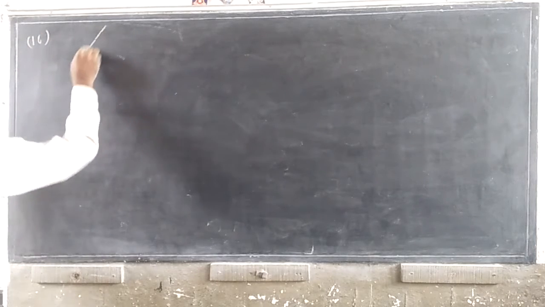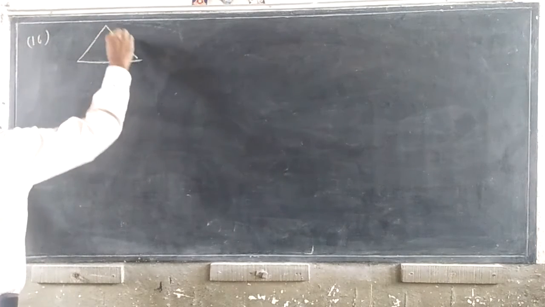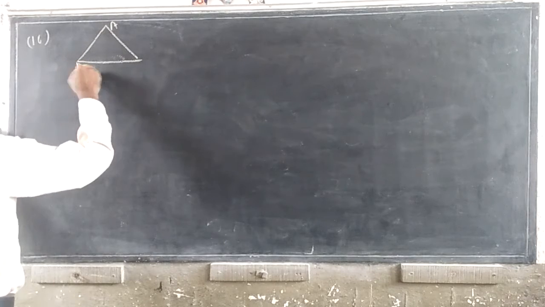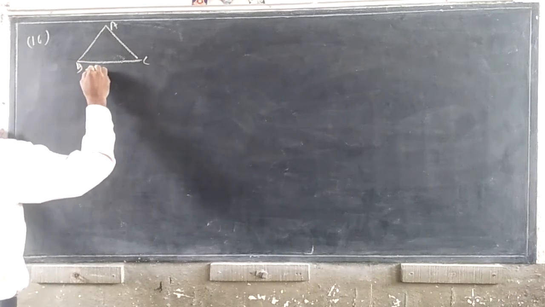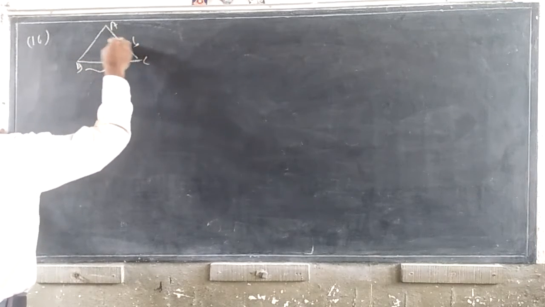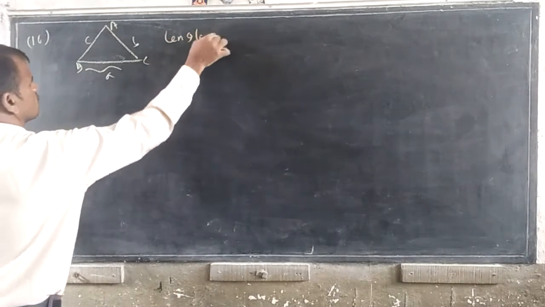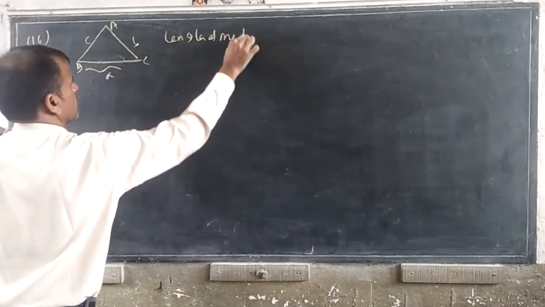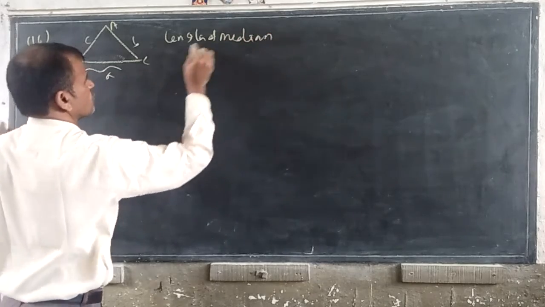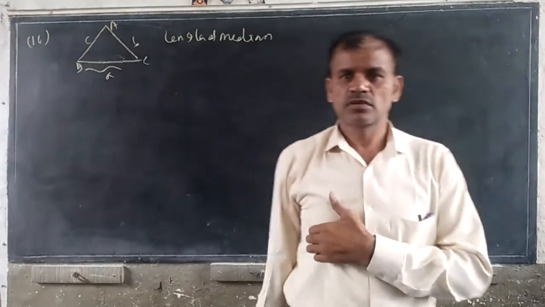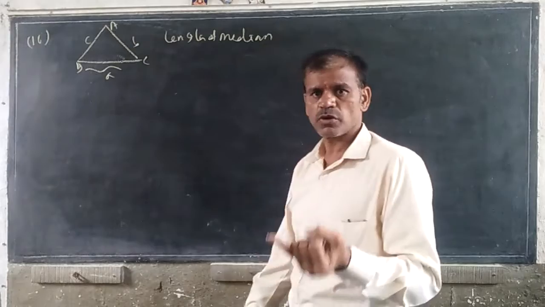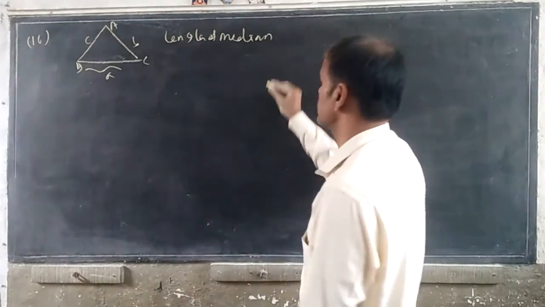Sixteenth formula. Let us write here. This is A, this is B, this is C. A opposite small a, B opposite small b, C opposite small c. This formula we can face in vectors, properties of triangles and three-dimensional geometry.